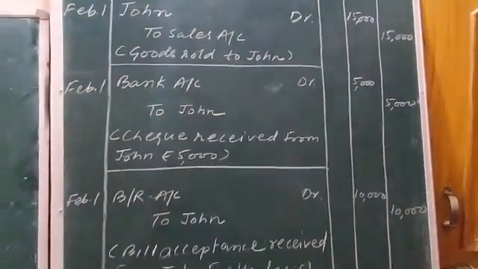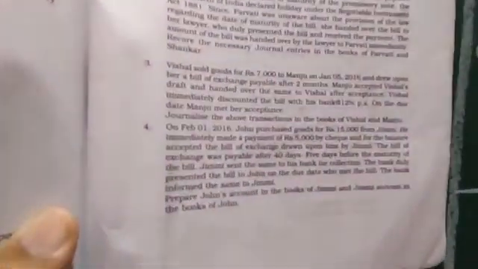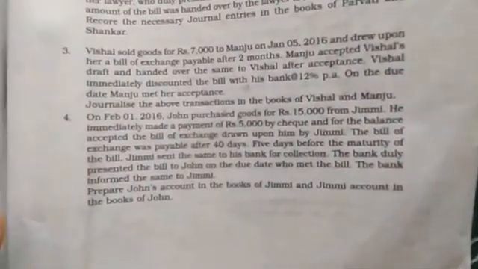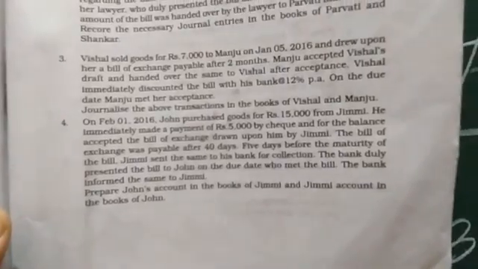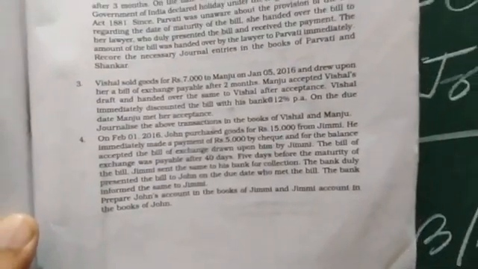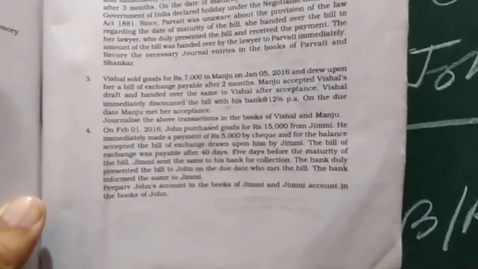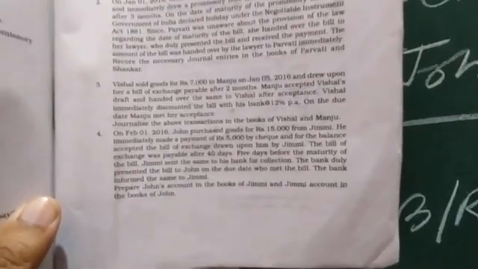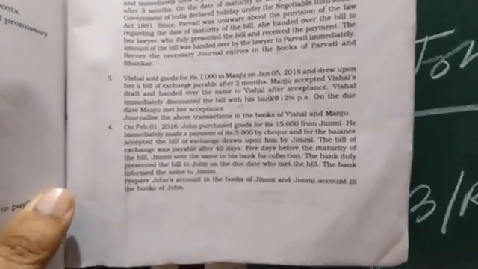Now, what is written in the question? Five days before the maturity of the bill. We just have to go 5 days back from the DOM. DOM means date of maturity, which we calculated as March 15.